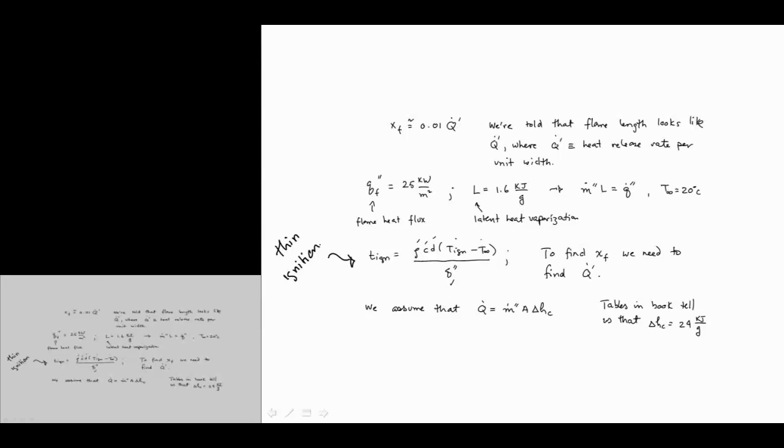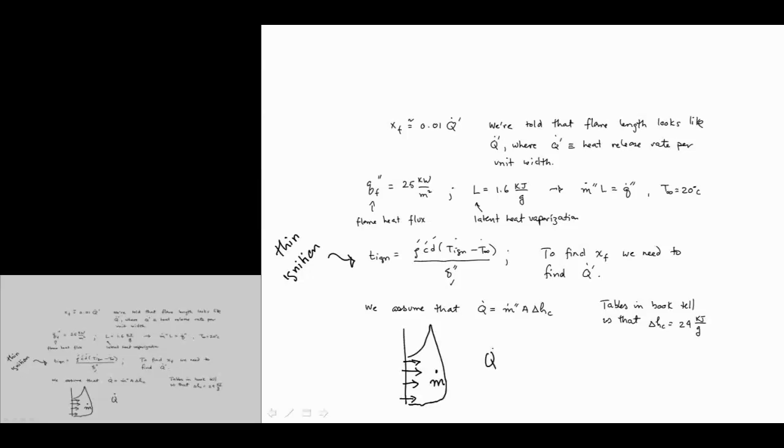So to get Q dot prime, if you have a mass flux of volatiles coming out of a wall or out of any material, the assumption is that all this stuff is burning in the flame, in some sense, instantaneously. So in sort of a steady state, the mass flux of volatiles times the heat of combustion is equal to the overall heat release rate.